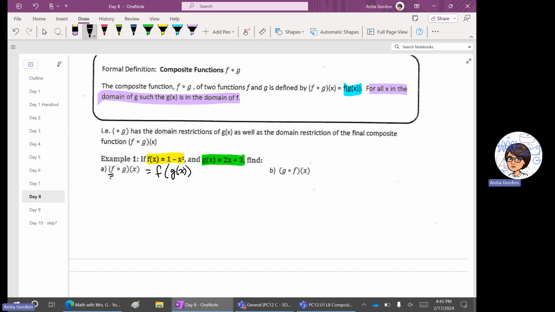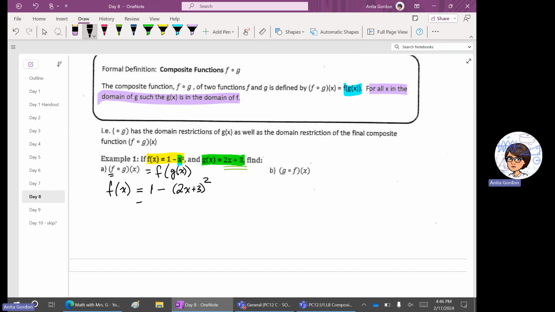So this means if we take our function f of x, which equals 1 minus x squared, right? Because I have an x squared here. But instead of writing x, f depends on g, so I'm replacing x with the entire function of g, 2x plus 3, all squared.